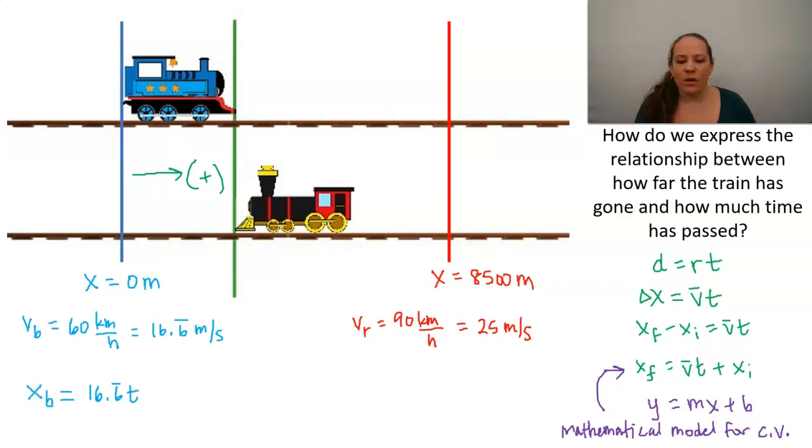And then our fast train, the red train, since it's traveling the opposite direction of the blue train, we're going to assign a negative value to its velocity: negative 25t plus 8,500.